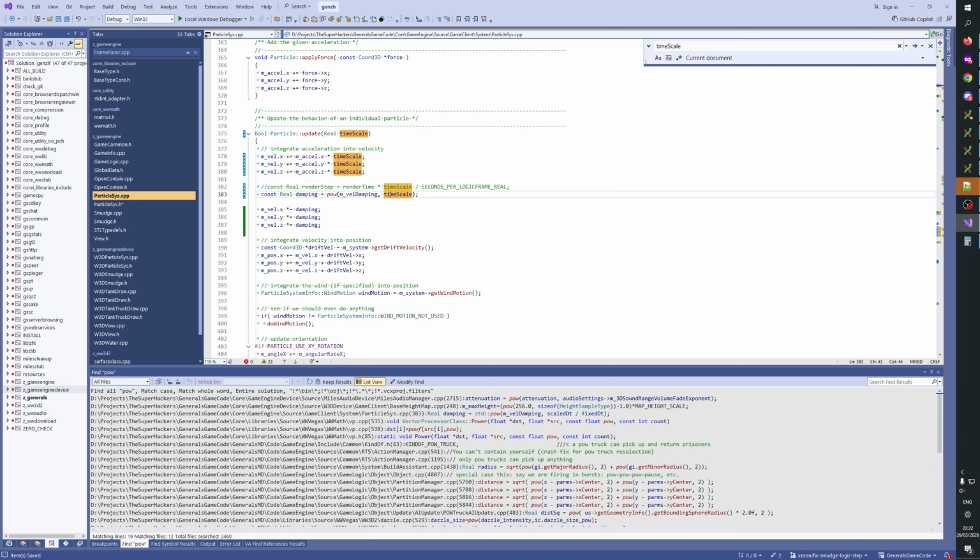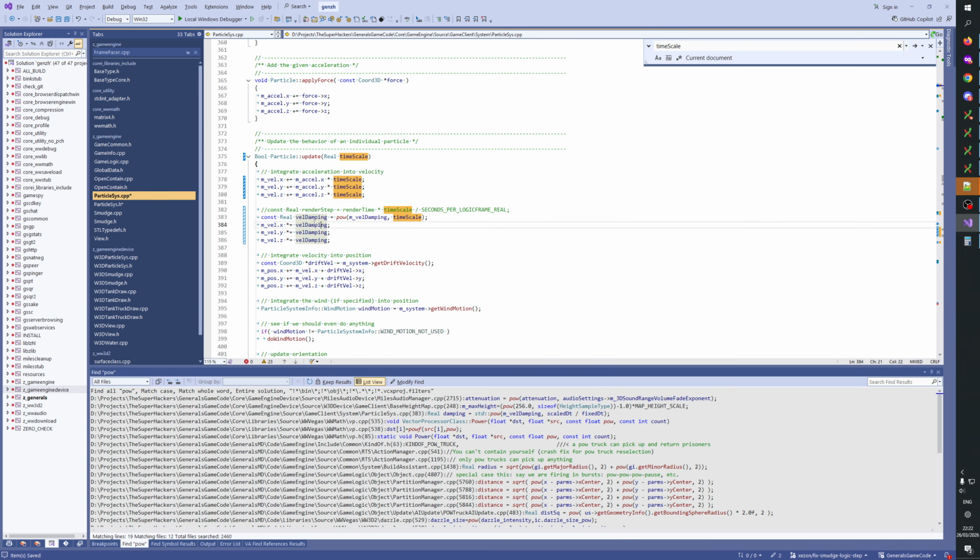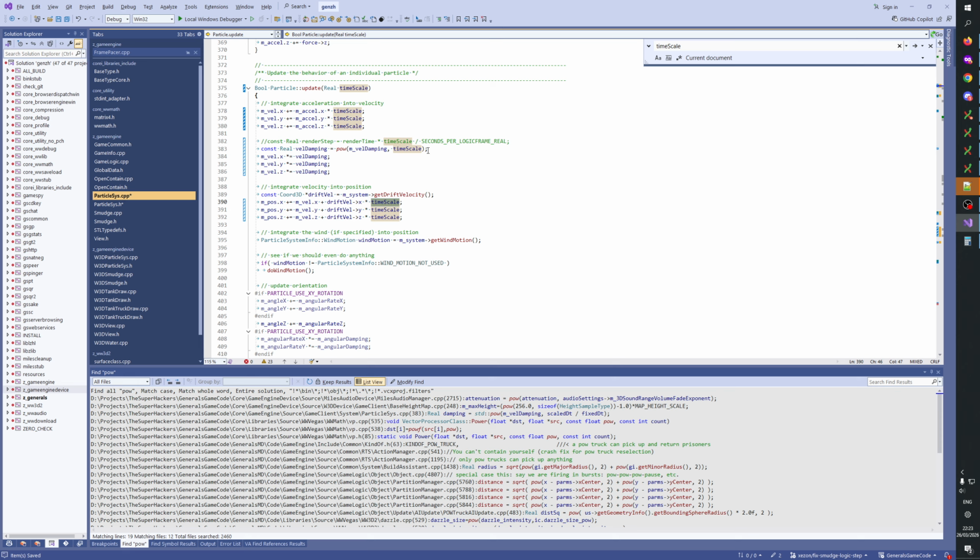Damping. Okay. Let's call it vel damping. Okay, great. Good. Then here we also do timescale. Wind motion. Okay, do wind motion.